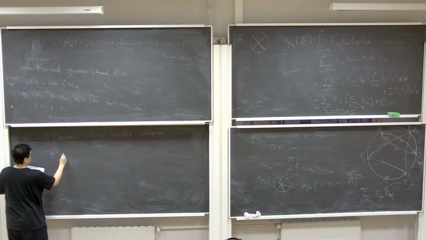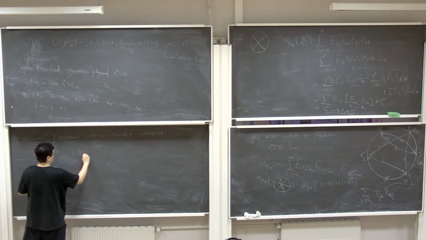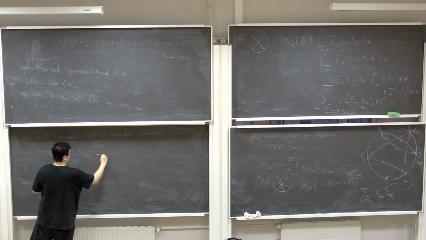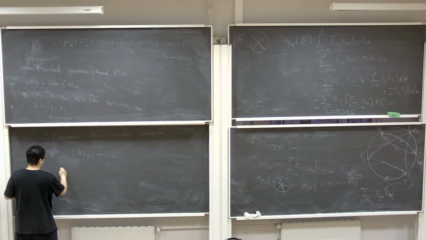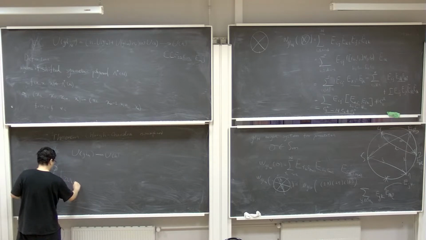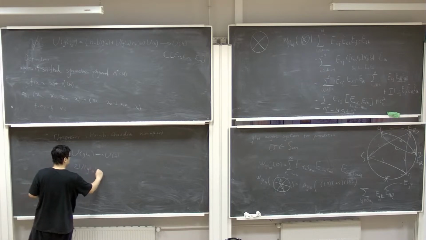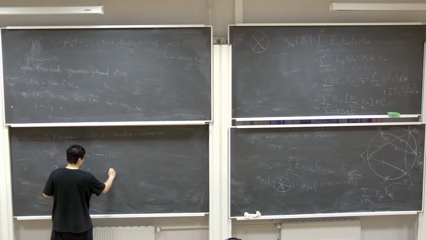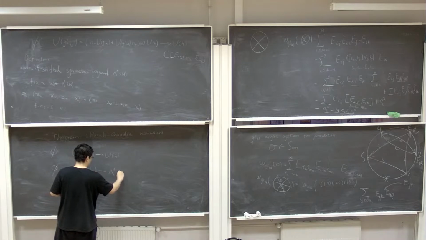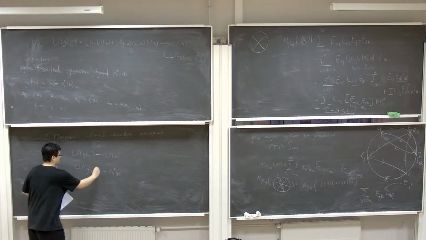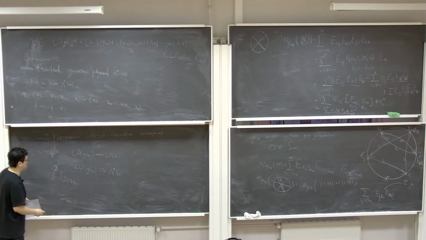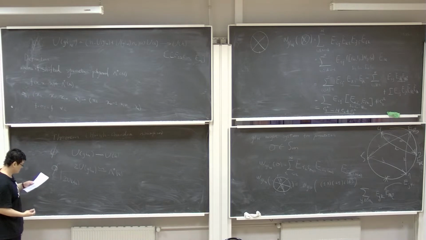So this projection is from U(GLN) to U(H), and if you restrict it to the center of U(GLN), it actually gives an isomorphism.